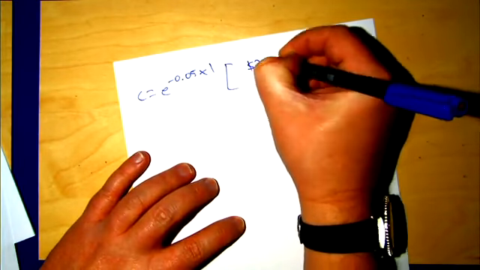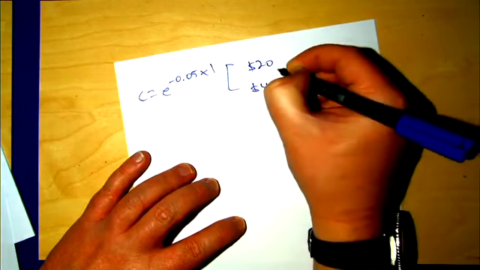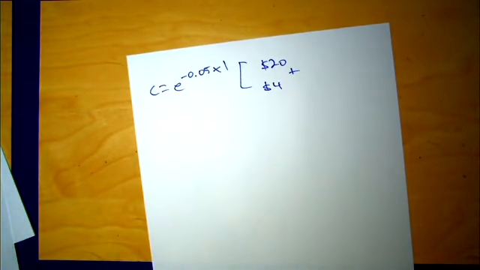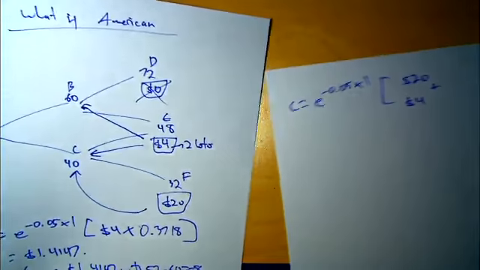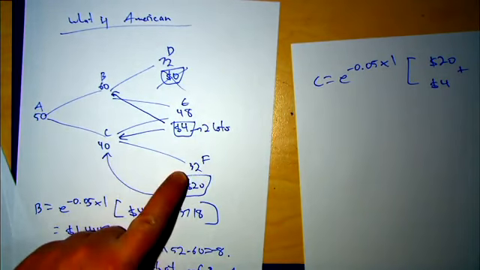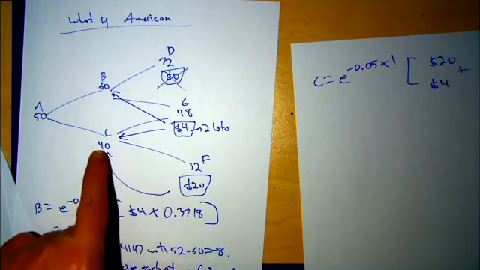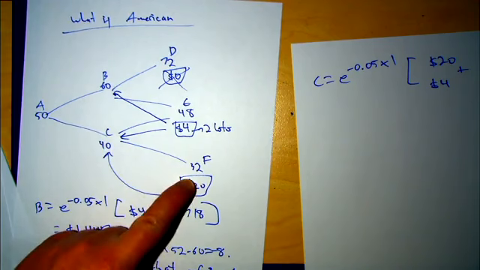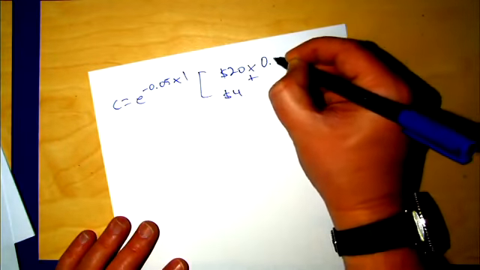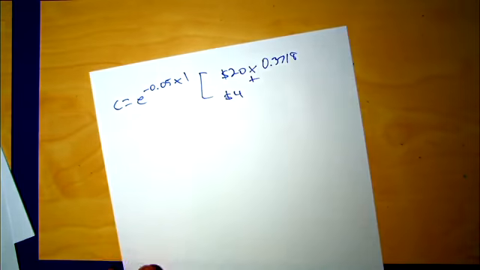I'm going to bring back $20, and I'm going to bring back $4. To get that $20, to get from C to F, did I go down the tree or up the tree? Down or up? Not tricky. Down. So what do I multiply it by? 1 minus P. Fantastic. So I multiply it by 0.3718 because I went down the tree.